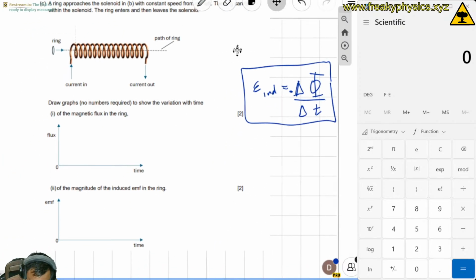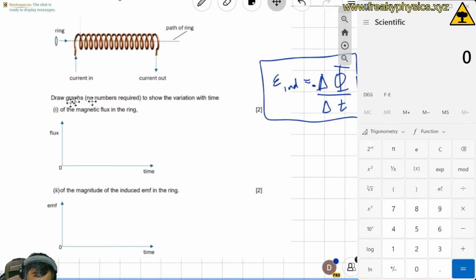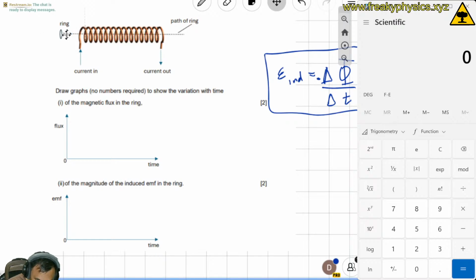Okay, so first of all, let's take a look here at the flux. Now, the ring, if this was really, really far, infinitely far from the solenoid, what would you expect the flux to be there? So remember, the magnetic flux, basically you're just saying magnetic field lines, right?